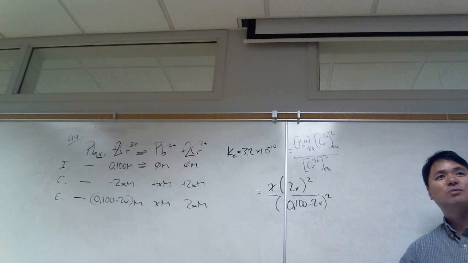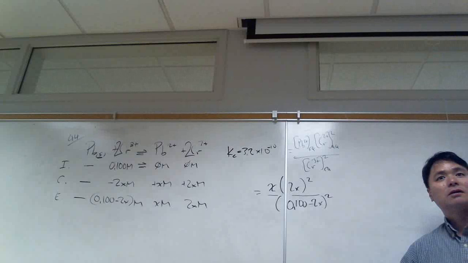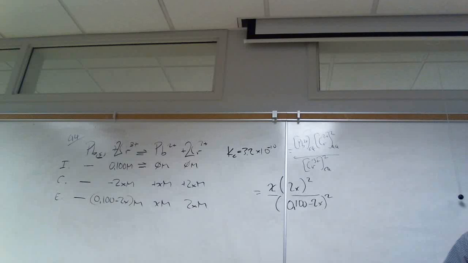And so is there a way we could try to speed things up a little bit? Make the math a little easier? Something we could try is the simplifying assumption.